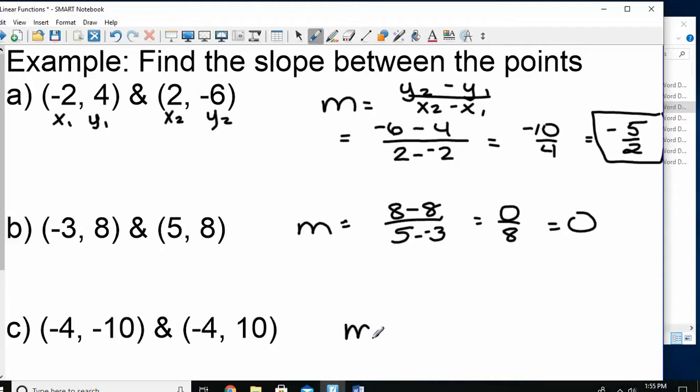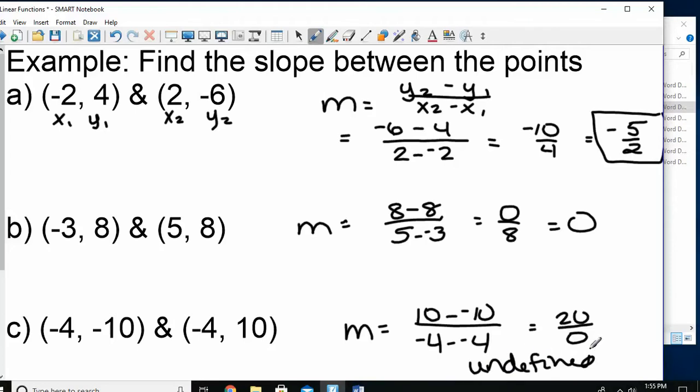And then part C. Get 20 over 0, which means undefined. What kind of line is that? Vertical. Good.